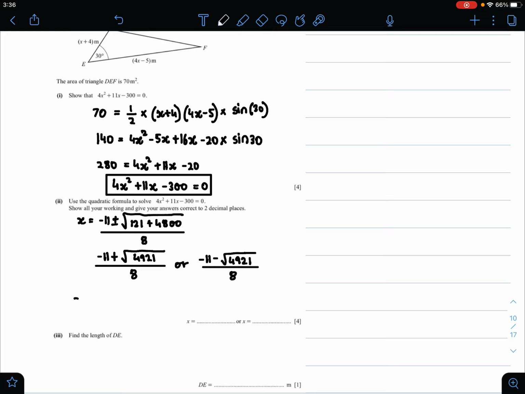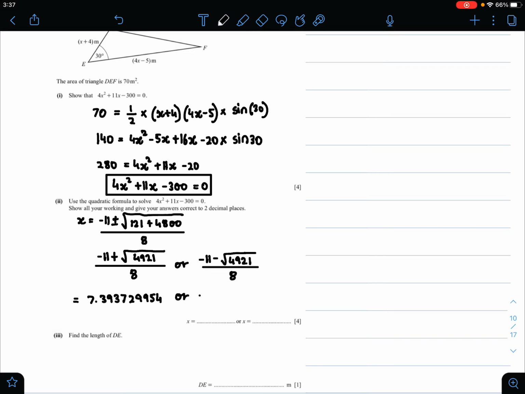Now you give a decimal answer. So minus 11 plus root of 4921 divided by 8, you will get one of the answers as 7.39372995, or the other answer as minus 11 minus root 4921 divided by 8.